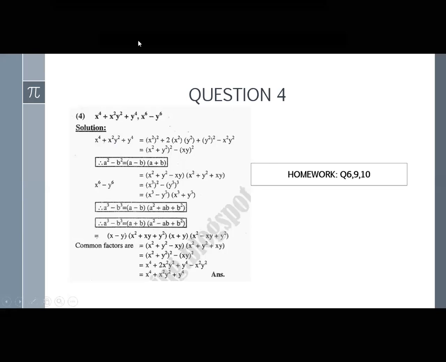Question number four. See this. By looking at this question, this is easy. A cube minus b cube or a square minus b square, whatever you want to make, you can make from here. This is a little bit of a different thing. Firstly, you have to make it a perfect square, because you can see x^4 is a perfect square of x square, y^4 is a perfect square of y square.